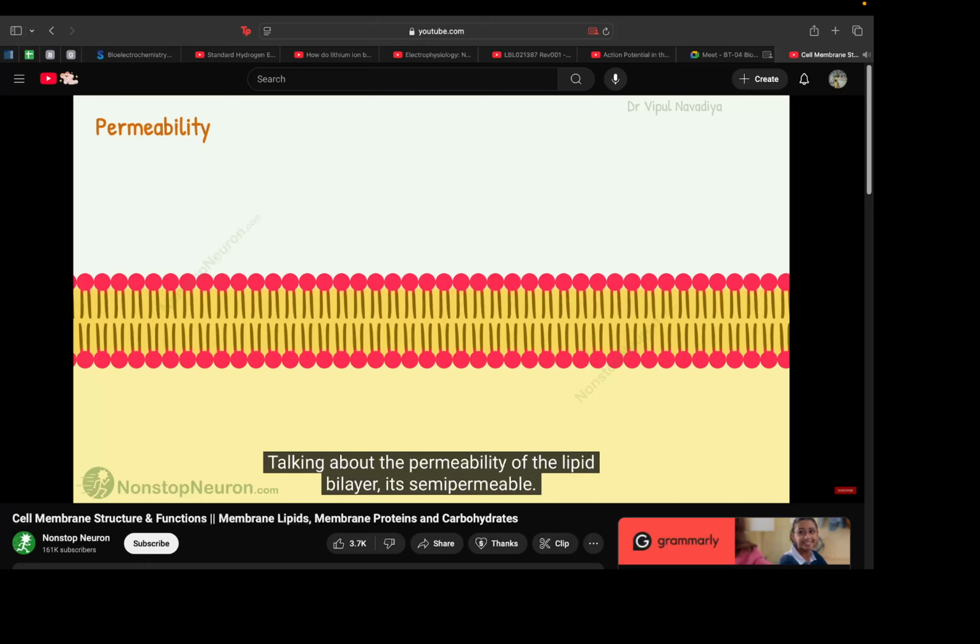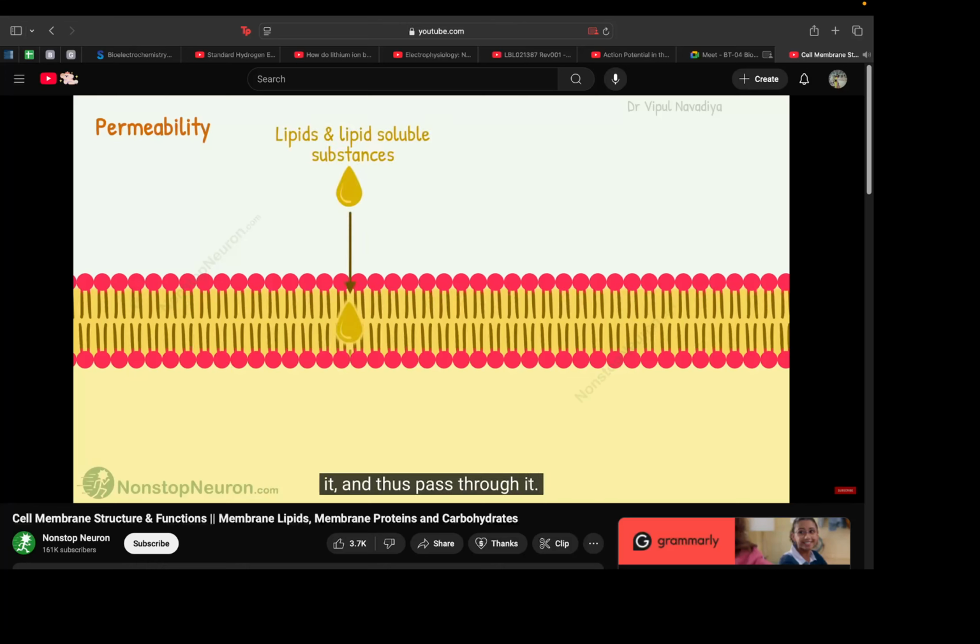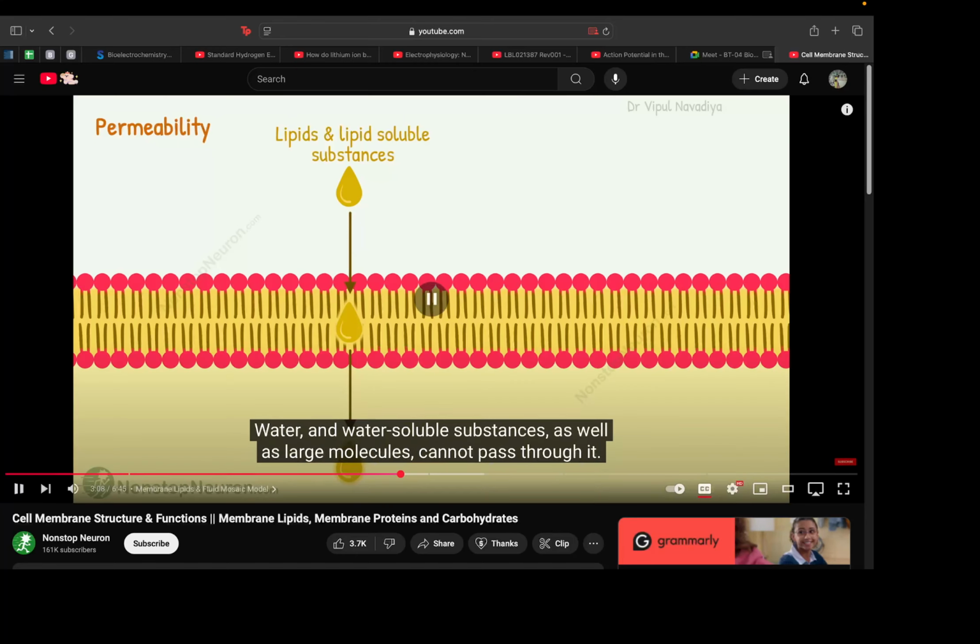Talking about the permeability of the lipid bilayer, it's semi-permeable. As it's made up of lipids, other lipids and lipid-soluble substances can dissolve in it and thus pass through it. Yeah, because the whole membrane is in a liquid state, but the internal part is lipidic, which hates water, right?